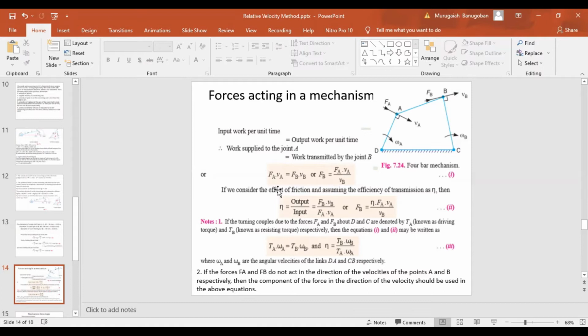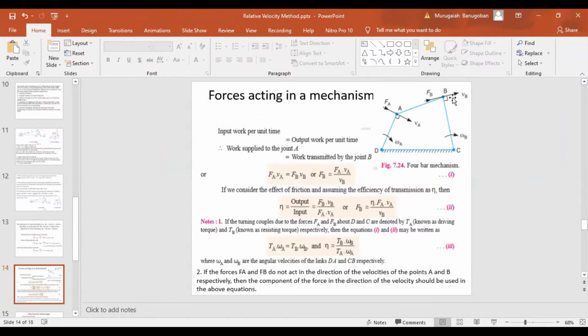This is an ideal equation. If there is no friction, no energy loss, nothing, this is the equation. If we consider the effect of friction and assume the efficiency of transmission as eta, we usually denote efficiency as eta. Then eta is equal to output upon input.